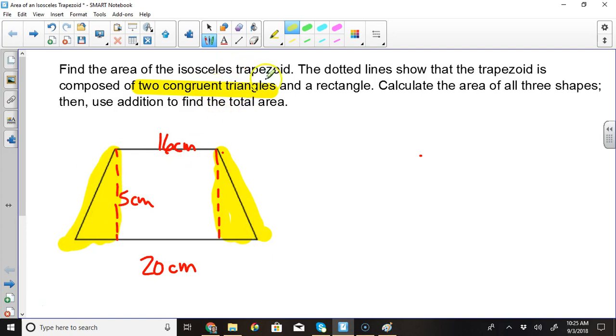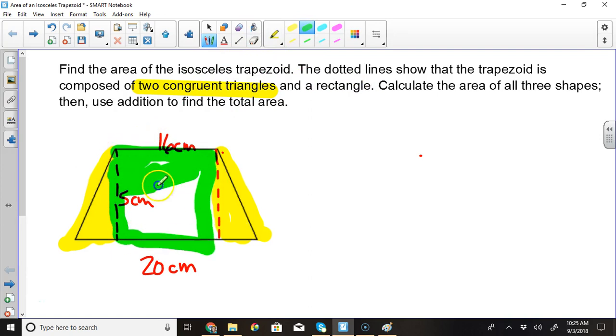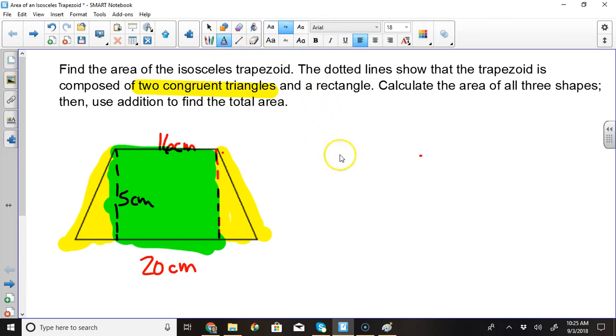The dotted lines, let's see, alright, and a rectangle. Then we have this rectangle inside here. And what we have to do is calculate the area of these three pieces and then add them all together.